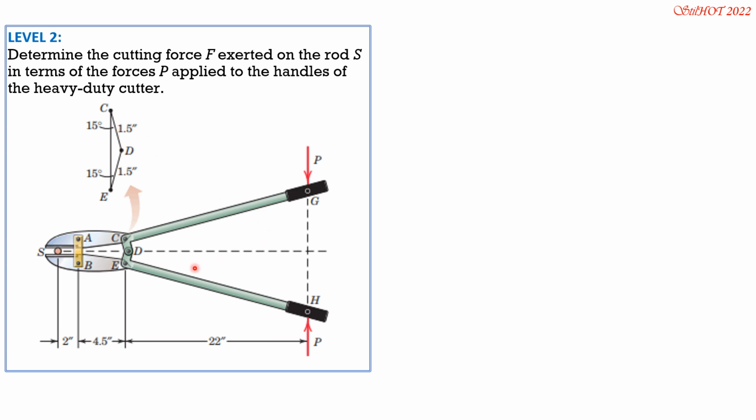So first, let's have the free body diagram of this part up to C to express the force in AB in terms of the force F exerted on the rod S.